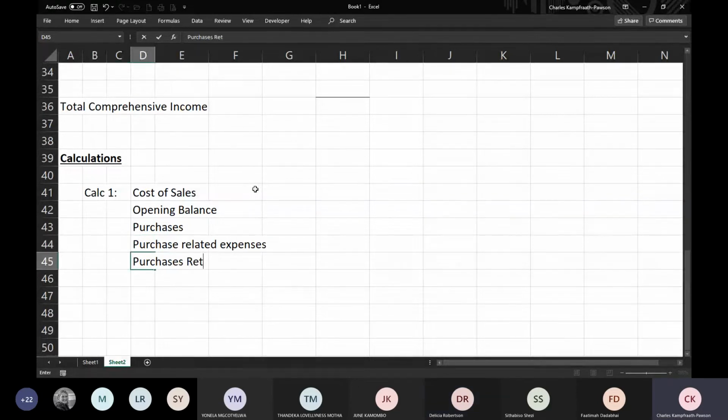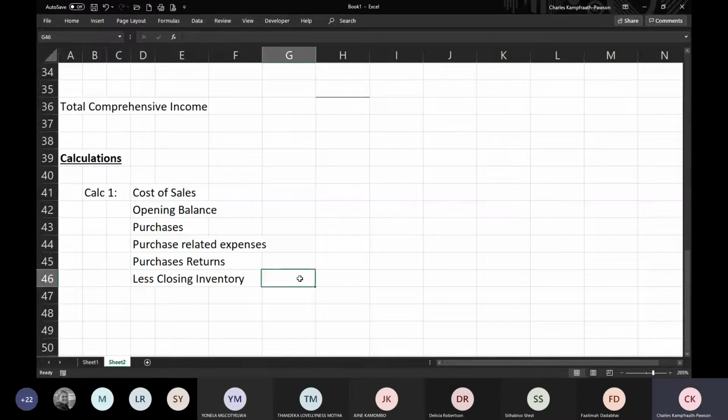Also purchase returns. And then we have less closing inventory. Everybody happy? Let me just take that there so I can have a bit of space.